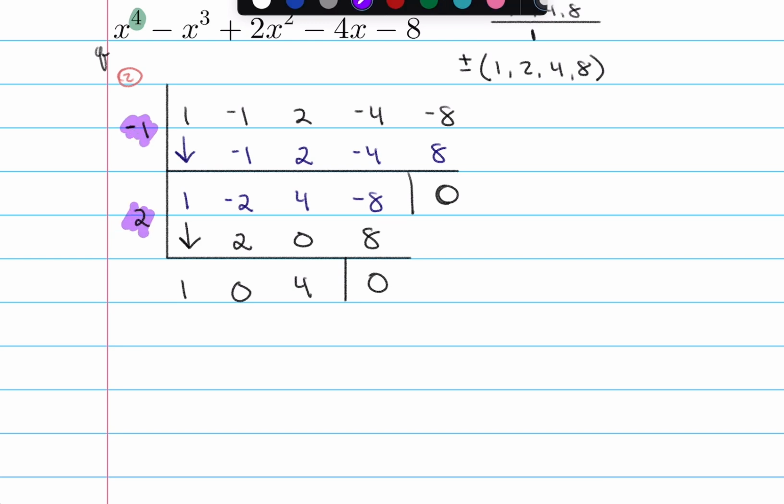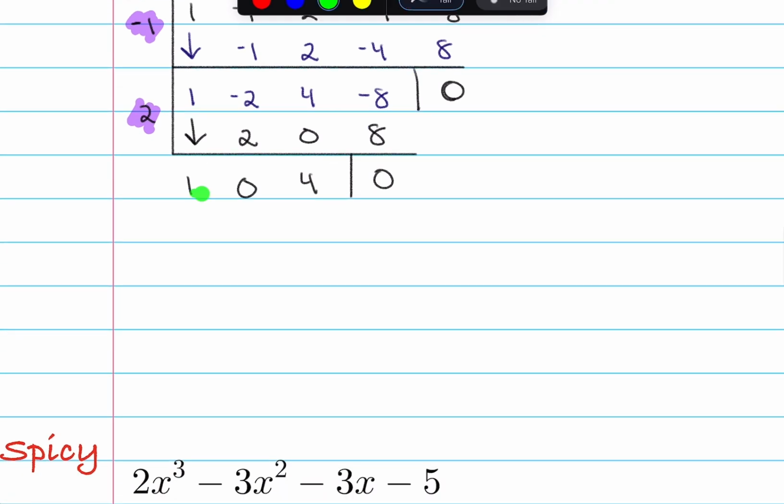Okay, now I'm down to a quadratic, so I am going to set that up as 1x squared plus 0x. I'm not going to put the 0x part, plus a 4. Okay, this by itself cannot be factored.